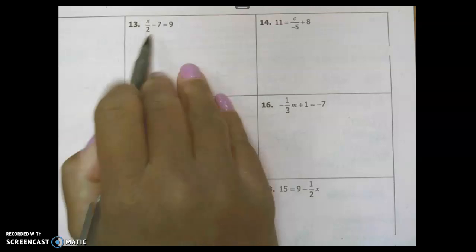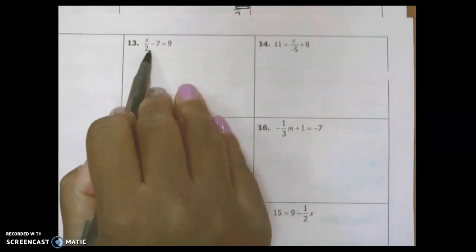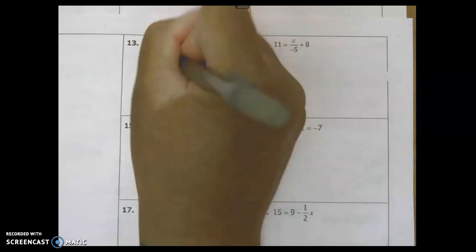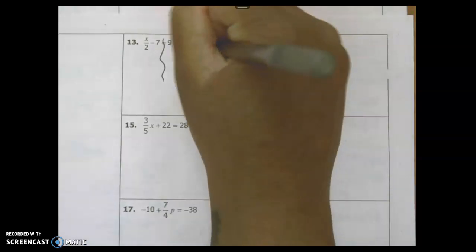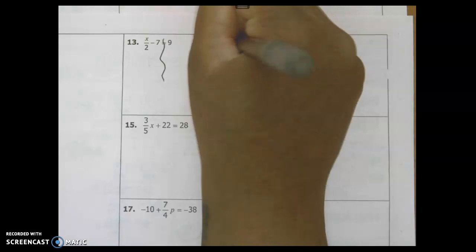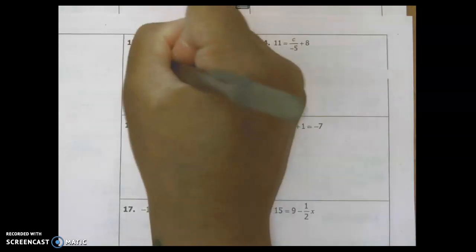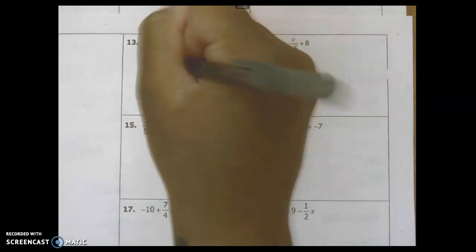On the other side. So here they change it up. They give us a division problem, and then they have the negative 7. So draw your river. The opposite of minus 7 is add 7, and then this would be x over 2. So plus 7, these 7's cancel out.